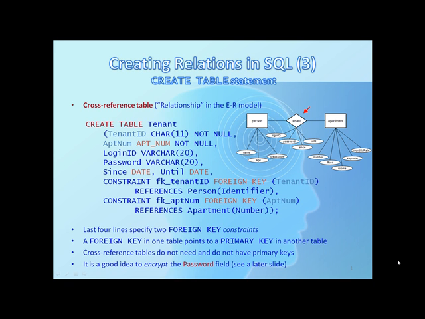You can see that we create table tenant with two references, to the table person and to the table apartment.